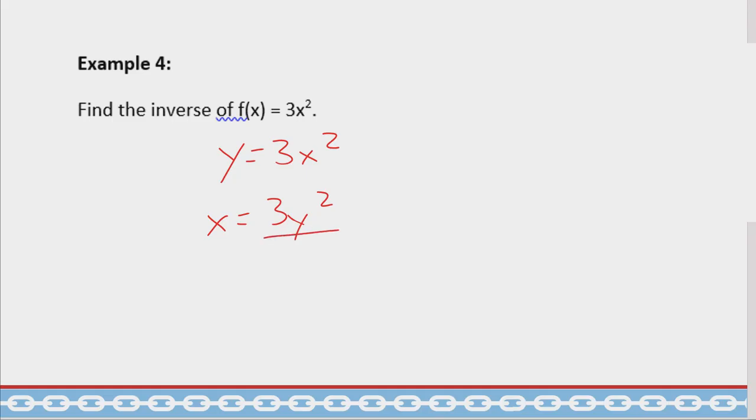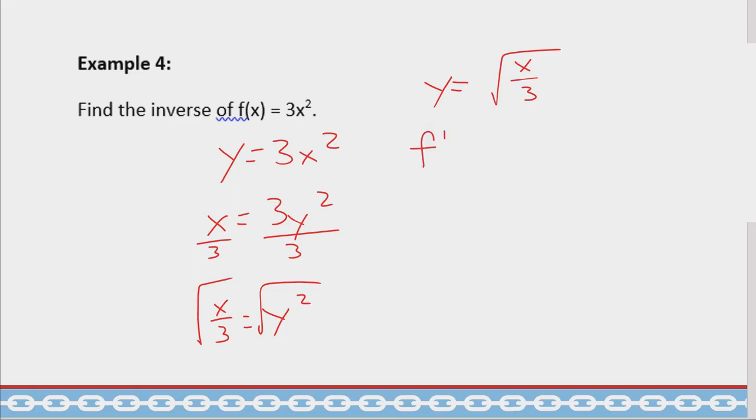So I'm going to divide away the 3. Get x over 3 equals y squared. And I would take the square root of both sides. y equals square root of x over 3. And then I'm going to just change that to inverse function notation.